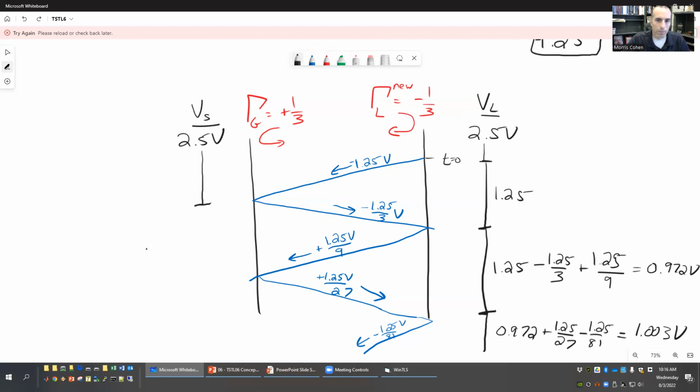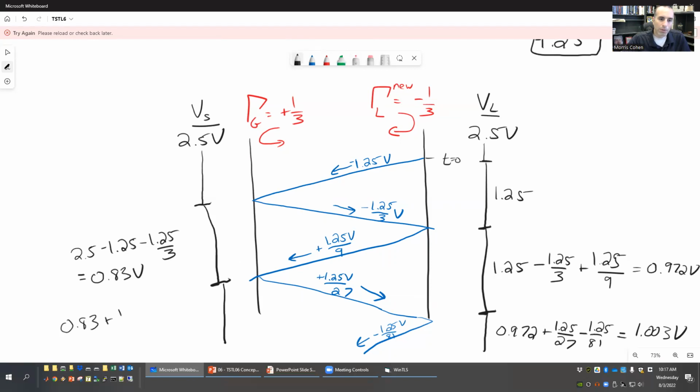Right, we're going to take 2.5 minus 1.25, and we're going to add up the reflected wave, which is minus 1.25 divided by 3. That will be the value of the voltage on the source side of the transmission line in between t equals 1 reflection time and 3 reflection times. This works out to be 0.83 volts.